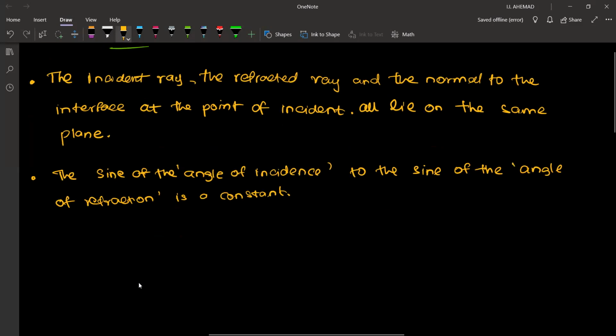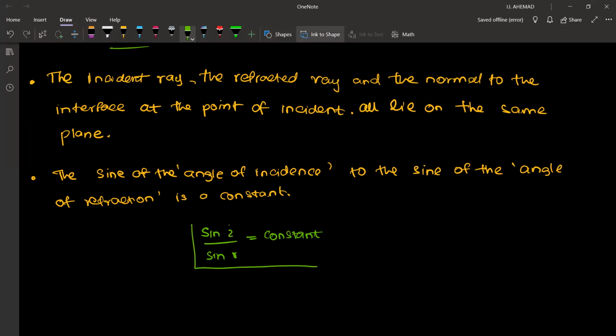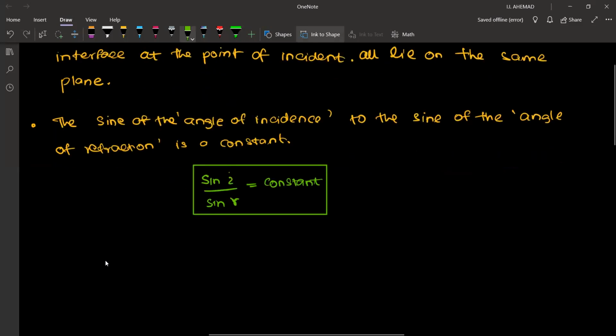That means sine of I over sine of R is equal to a constant.